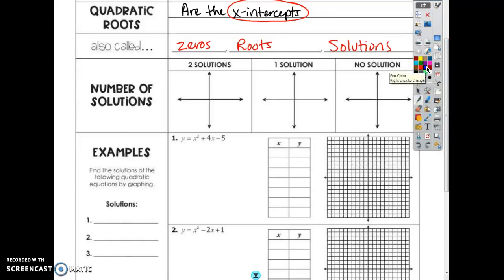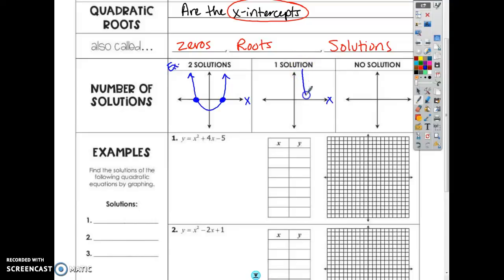Number of solutions. So if I have 2 solutions, it'll look something like this. Okay, this is just an example. It'll have 2 solutions. That means it'll cross the x-axis 2 times. Okay? If it has 1 solution, how many times do you think it's going to cross the x-axis? 1 time. It's only going to touch it 1 time.